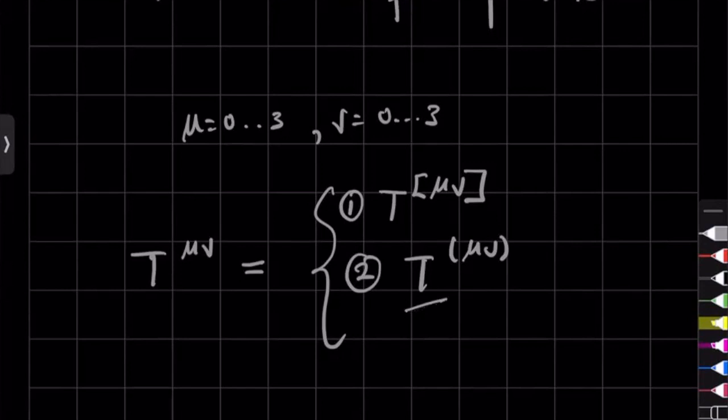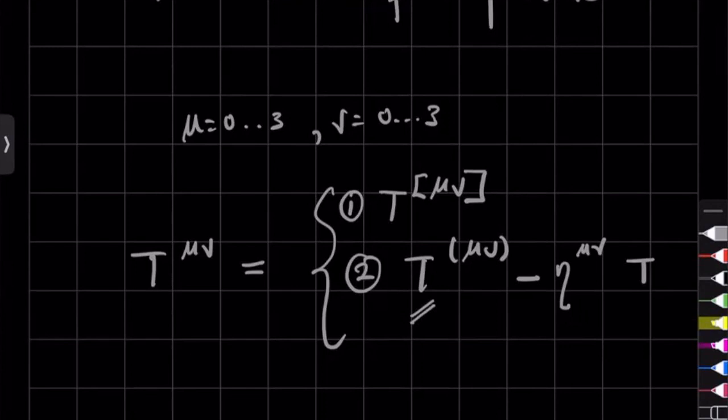So we have to subtract it. We have to subtract it in a way such that the overall rank 2-ness of this tensor remains unchanged. So we subtract T times η_{μν}, multiplied by this. But now if I take the trace of this, the trace of this gives me 4.